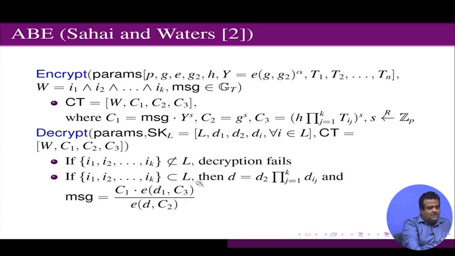But if it is a subset of L, that means among the fingerprint, if d many characteristics are satisfied, then it should be able to decrypt it. That is why it is called fuzzy identity-based encryption. So, we are giving a threshold, the threshold is this Ik. So, Ik is the threshold. If it is satisfied, then we should be able to decrypt it.